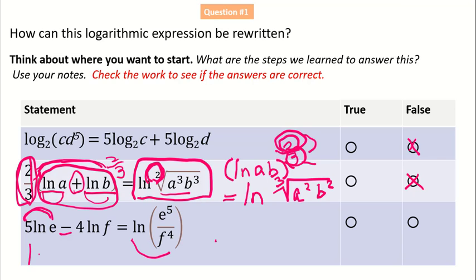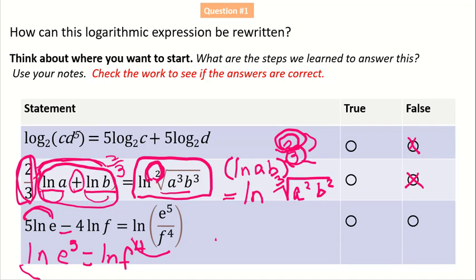So it would be natural log of e to the 5th minus the natural log of f to the 4th. Okay, so subtraction is division, addition is multiplication. So we have the natural log of e to the 5th over f to the 4th.